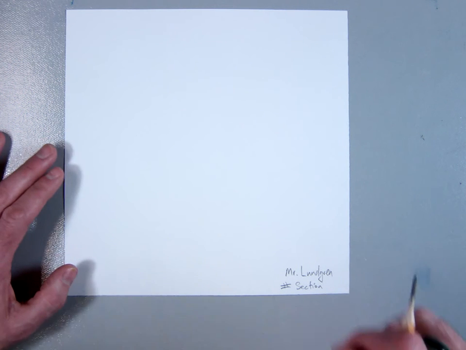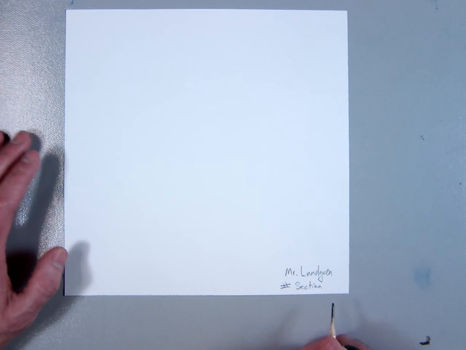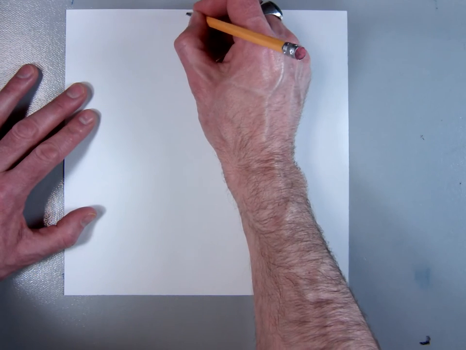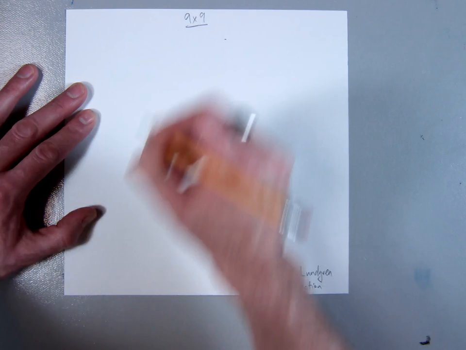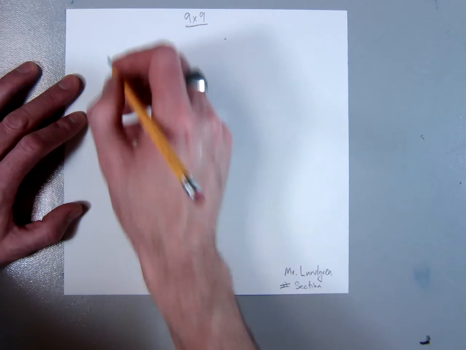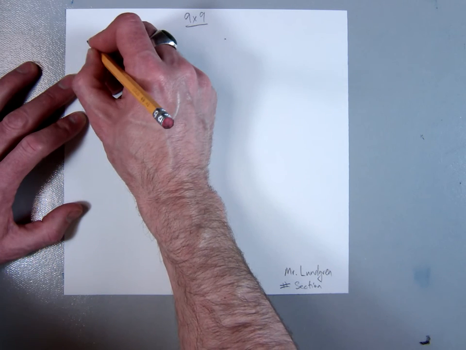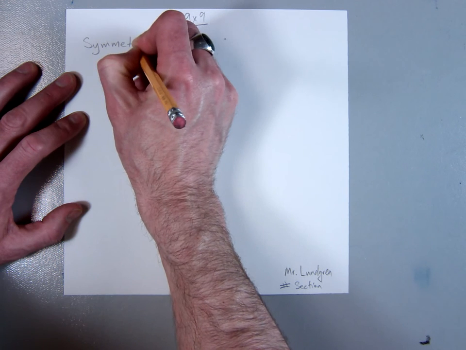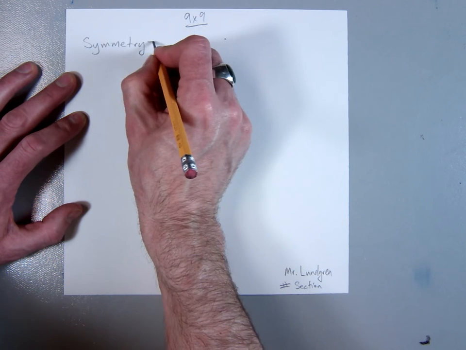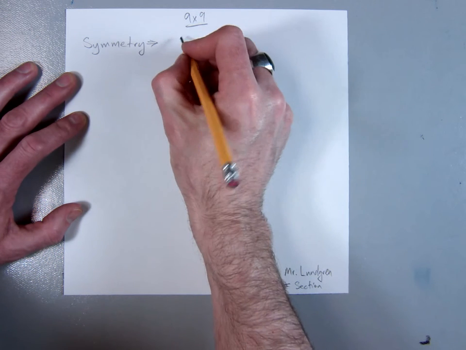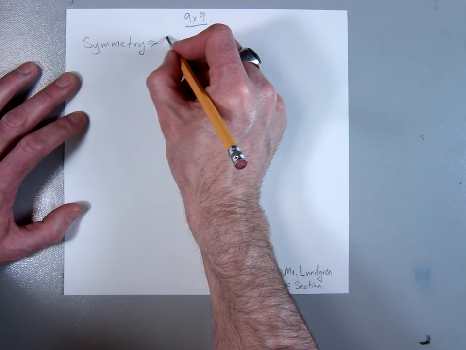Then to get started, let's just cover some of the key concepts that we're going to be looking at while we do our radial design. So first of all, I've got a 9 by 9-inch piece of paper. The main idea of our radial design is symmetry. Symmetry is going to be essential in our radial design because a radial design is made up of symmetrical reflections.